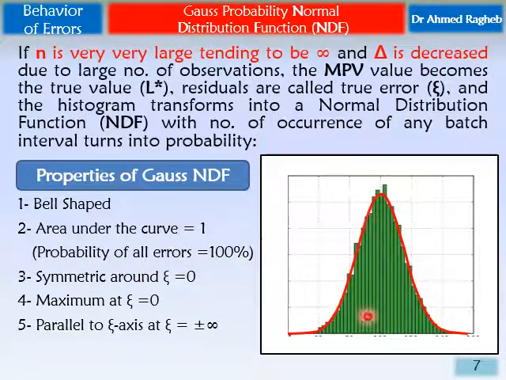It's symmetric because some errors are positive, some are negative. It's maximum at epsilon equals 0, and it's parallel to the x-axis at plus or minus infinity, because as the errors get larger, their probability is very small.